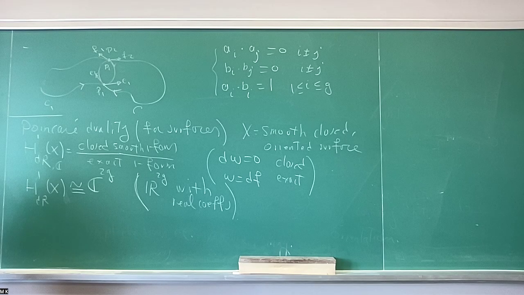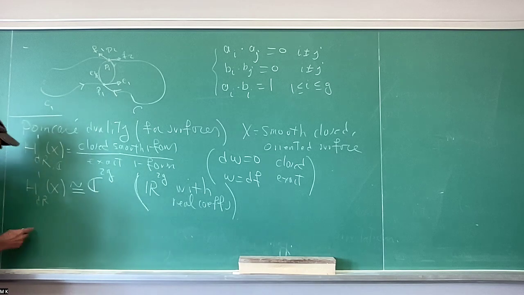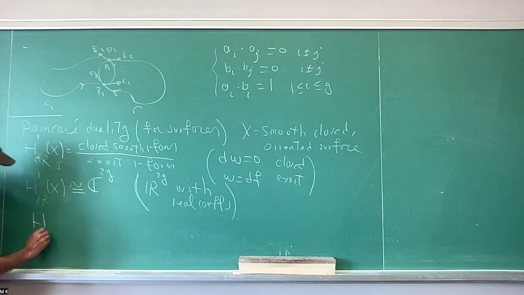Now the Poincare pairing is the following. There's this pairing on H1 of X, Z.